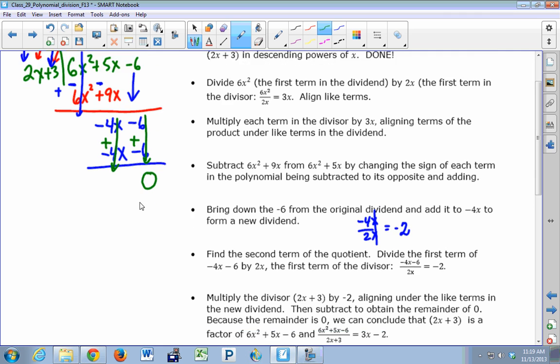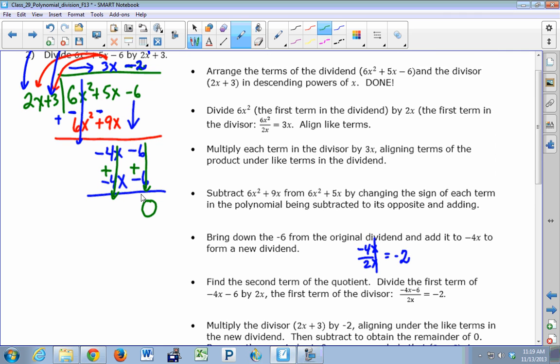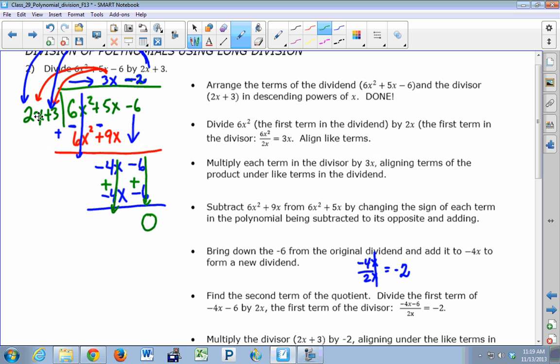When you have a remainder of 0, that tells you that 2x plus 3 divides into 6x squared plus 5x minus 6 evenly. There's no remainder, so it's a factor. So you can write 6x squared plus 5x minus 6 factored to be 2x plus 3 times 3x minus 2. That's how you factor that second degree trinomial.